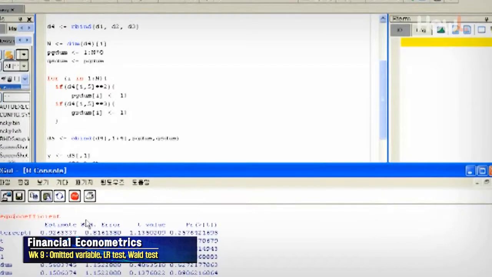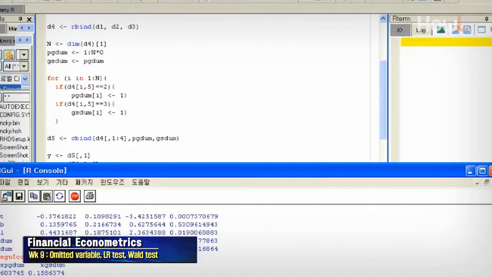Coefficient. So we need this one and this one. 1, 2, 3, 4, 5, 6. Okay, so 5 to 6 in the first one. So they are the two coefficients I'm interested in.